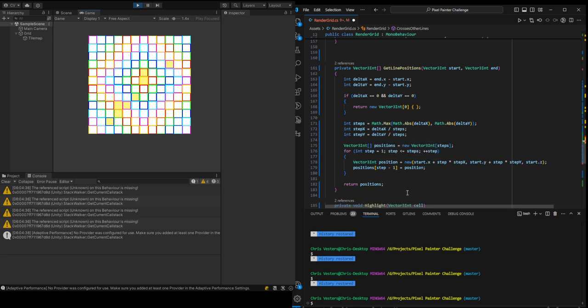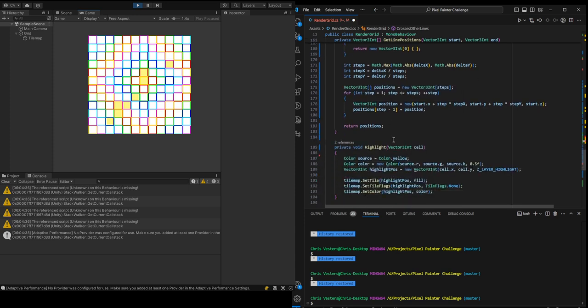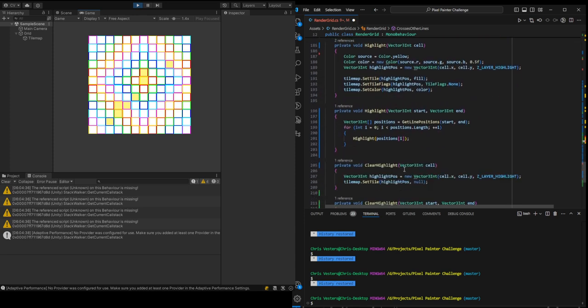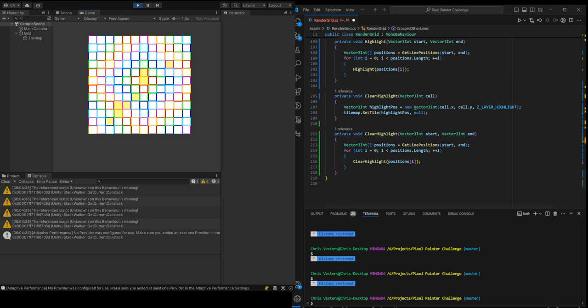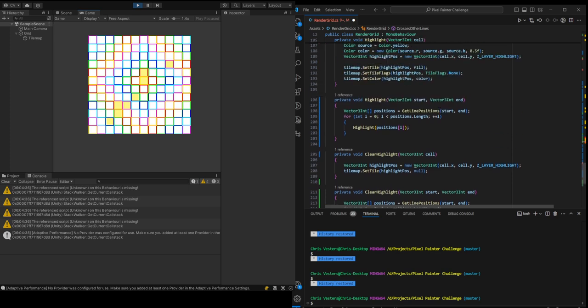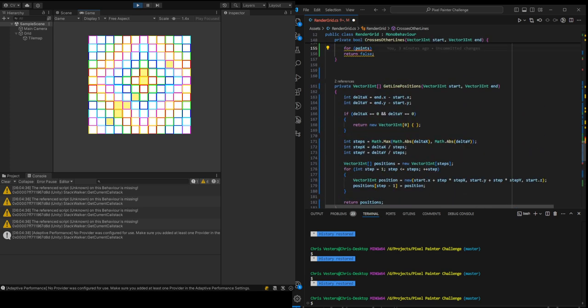I assume so. Weird. They do have a foreach, so this I can probably rewrite as well. Okay, but let's try that on this one first.